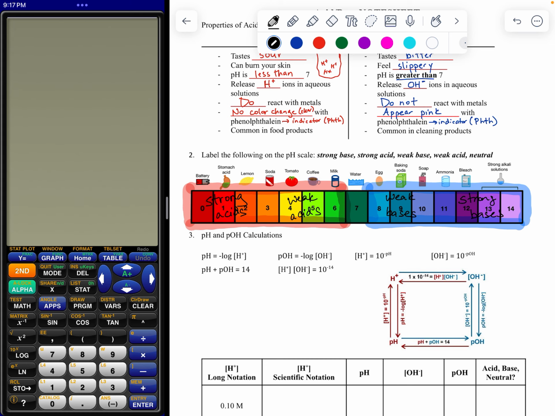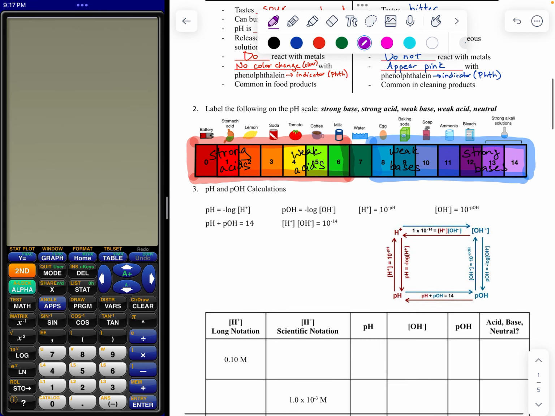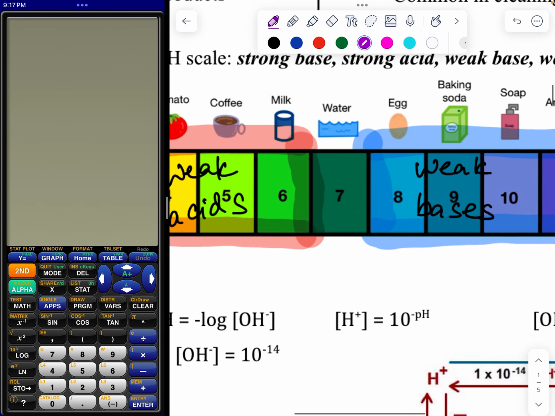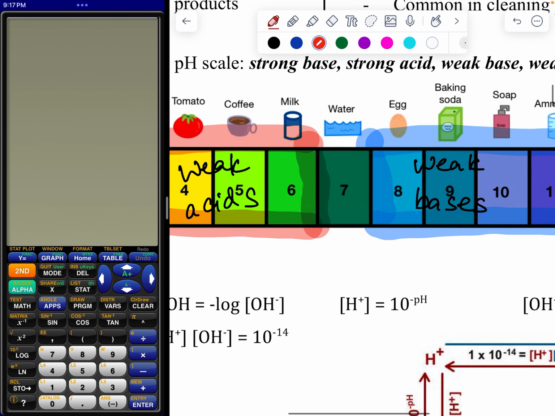And you might be thinking, well, what is going on with water, right? Why is water neutral? And you might be thinking, oh, it's water, right? Everything deals with water, everything uses water, which is true. But I want you to think about what's happening here.